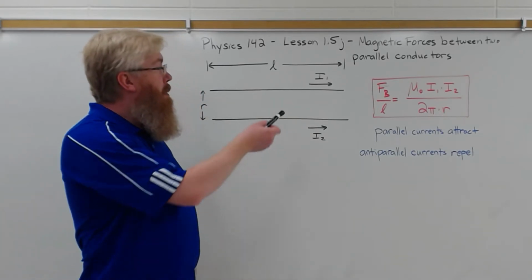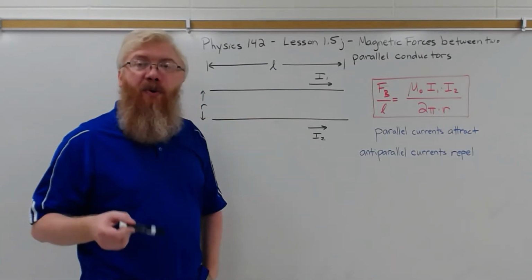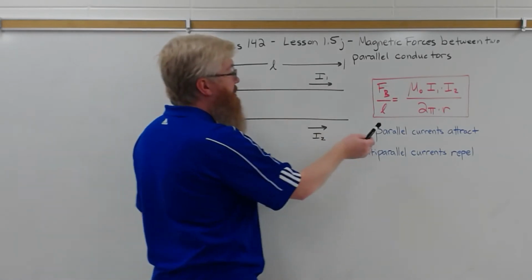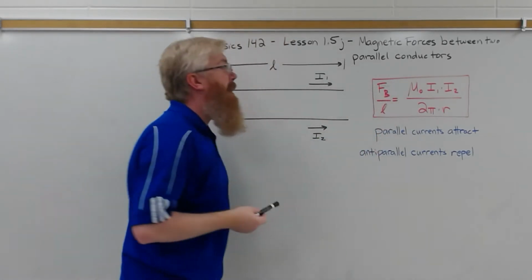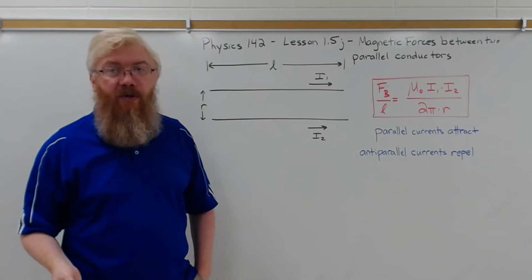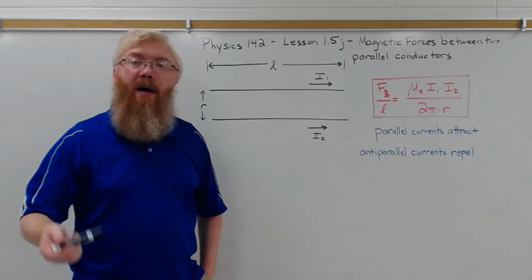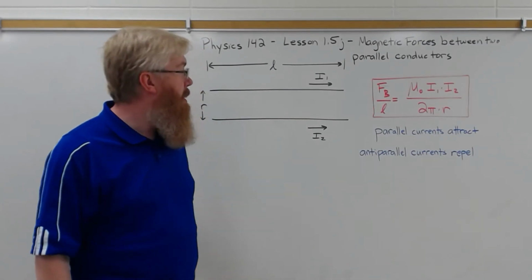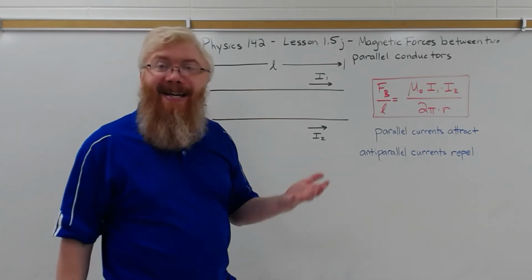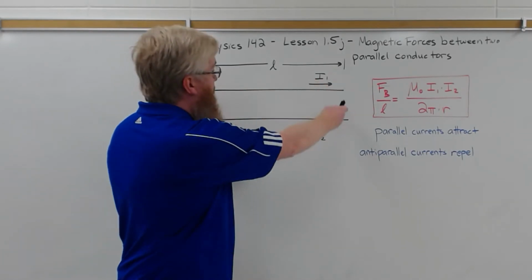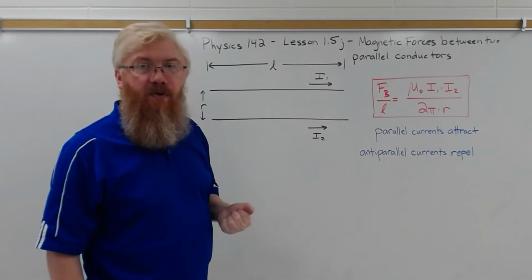So that gives the magnitude of the force per unit length. So if we know what the length is, we can put that in here and calculate what the total force is between the two wires. Again, assuming the wires have equal length. It's not the length of both wires together, it's just the length L here of each individual wire.